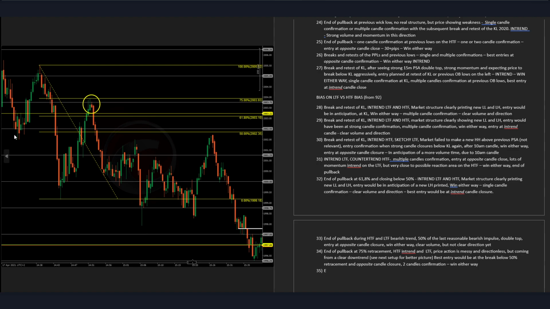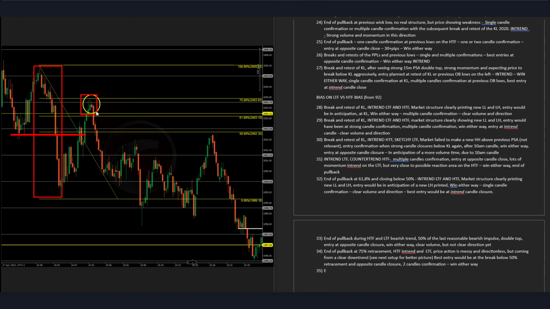Okay, so now this is a much clearer setup, because of course we have a very strong bearish move. We are making a new lower low. There was a retest of the 50%, and you probably take the entry. That would be a loss, or, also matching the PSA, a loss or a small break even. Maybe you get out when you see this bounce and a closure above these previous lows.